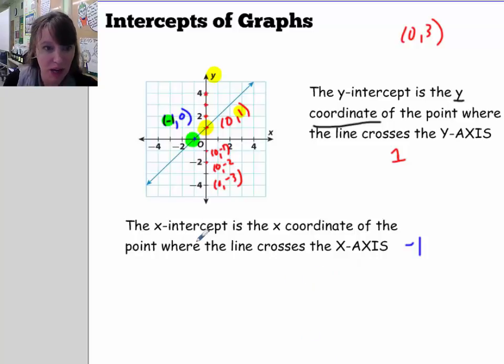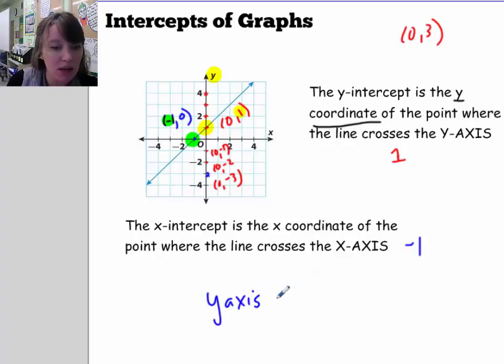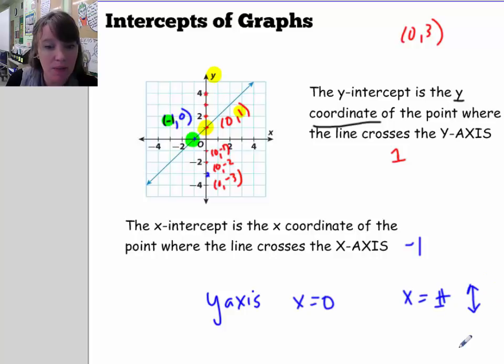Another thing I wanted to tell you before we move on: the y-coordinates are always 0 on the x-axis and the x-coordinates are always 0 on the y-axis. The equation for the y-axis is the line x equals 0. Yesterday we talked about how x equal to a number is a vertical line, so when x is equal to 0, it's the vertical line that we call the y-axis.